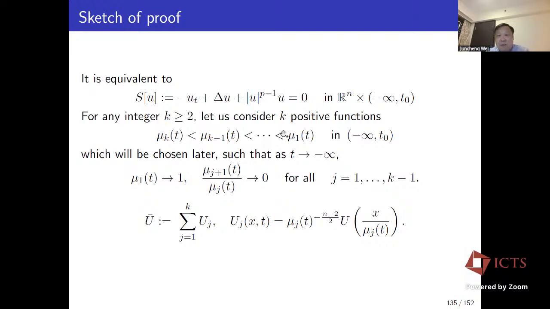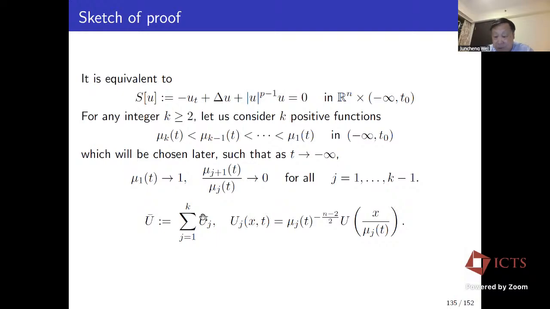So we assume that we have this blow-up rate, mu k, mu k minus 1, and mu 1, and for the first bubble, we take an order 1 first bubble, and the rest of the bubbles will be large bubbles, and this is our first ansatz.